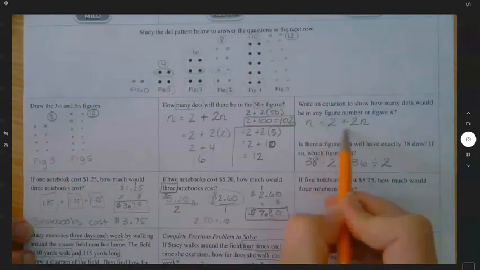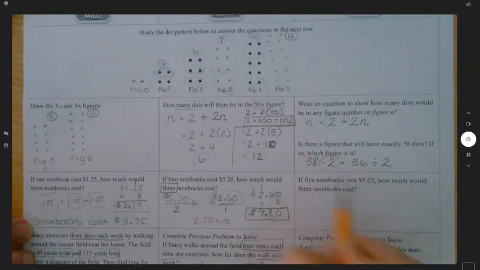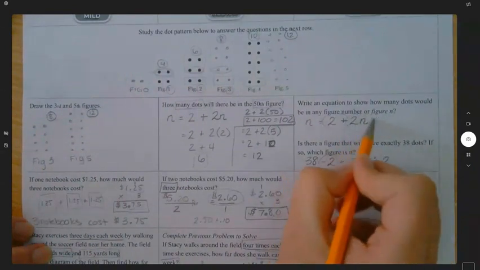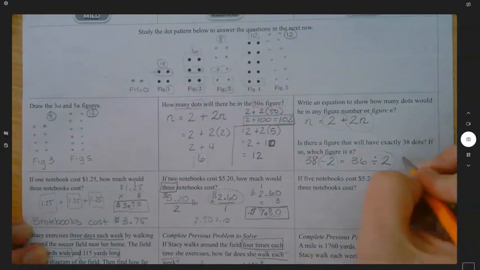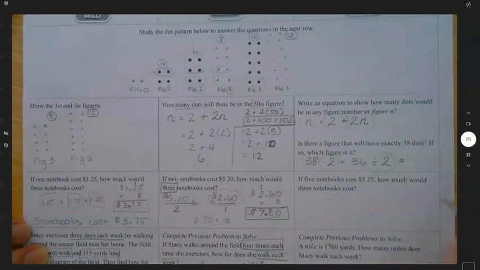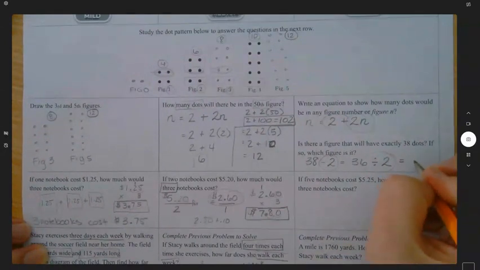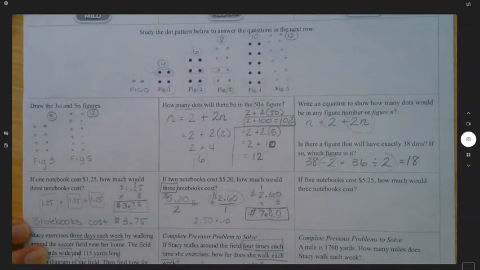So here I'm adding 2. Here I'm subtracting 2. Here I'm multiplying by 2. Here I'm dividing by 2. And 36 divided by 2 is equal to 18.